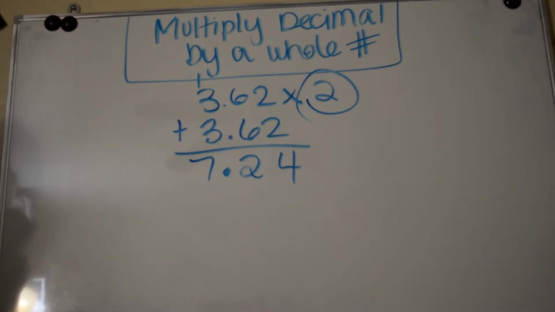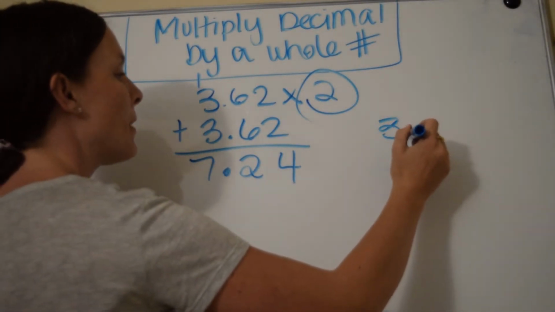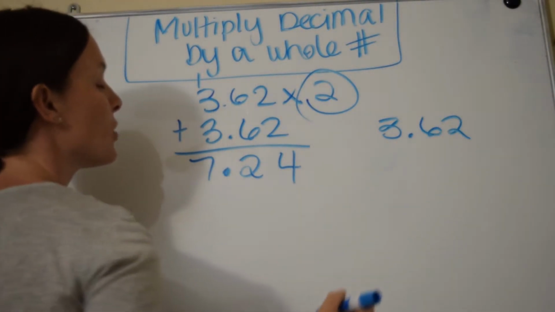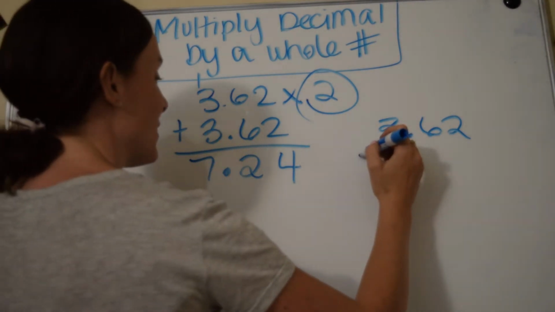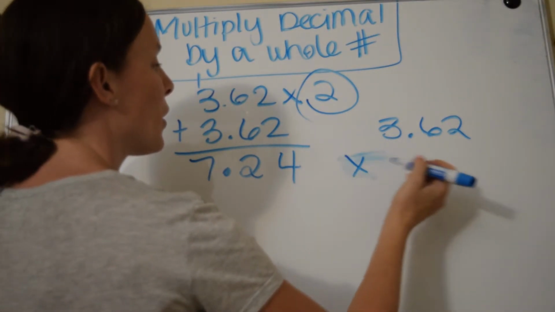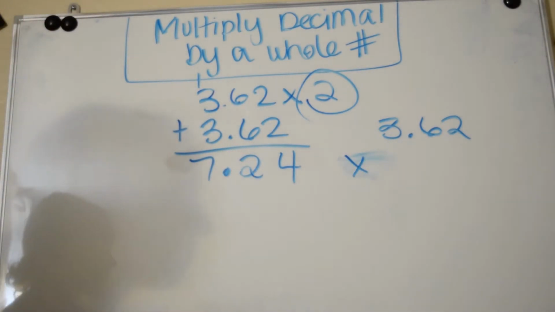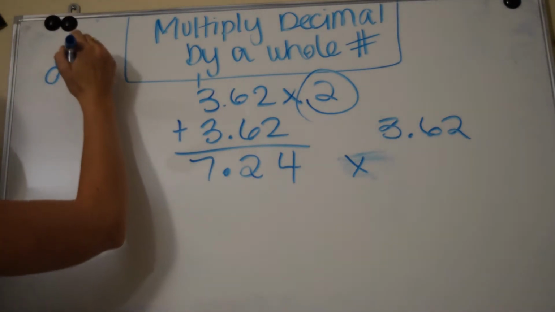Let's see if we get the same answer when we multiply. Here's how we multiply. Always put the bigger number, or the one with the most digits, up top. That's going to help you, and that's how we need to compute it. At the bottom, after the multiplication sign, we put our 2. Now, we're not lining up the decimals. I know that's new.